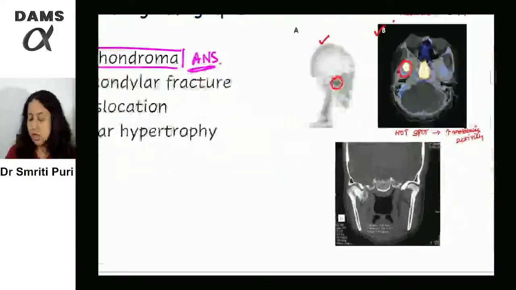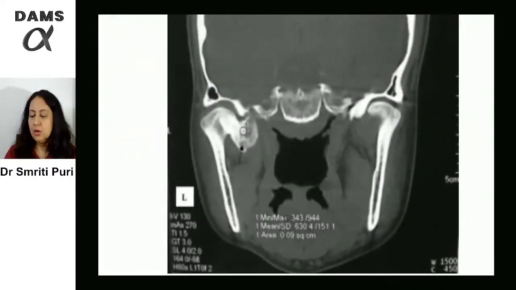But to just tell you in short, this condyle shows a bony growth which is exophytic and outwards. In condylar hyperplasia or hypertrophy, you will just see an enlarged condyle.